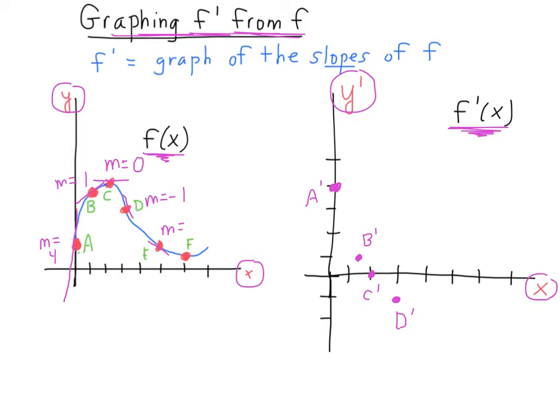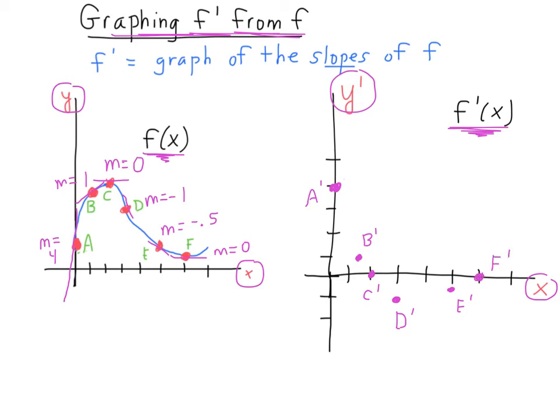Let's say that is maybe negative 0.5, and let's say that at point E we're talking about an x value of 5. So count over to 5, and say that in this case we have our E prime. The slope we're saying is about negative 0.5. And lastly at F, we can see that's a low point, so that means our slope is going to be 0. Let's suppose that happens at the x value of 6. So at 6, we're back up here to 0.